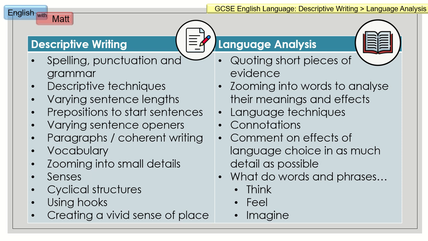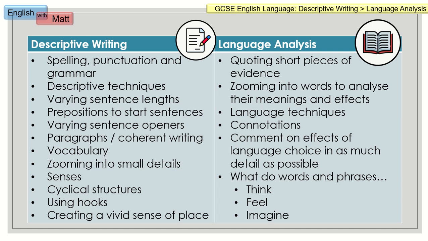But also, because descriptive writing is a writing task, you're going to be marked on what's called your written accuracy or your technical accuracy, meaning your spelling, punctuation, and grammar. So it's also good if you know how to use a variety of punctuation, for example, that you show it off in this task. So in this video, I'm going to be looking at both of these tasks.